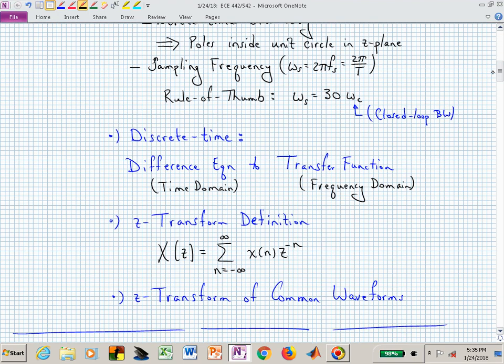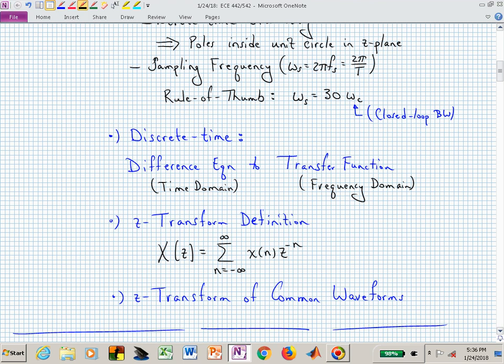It may seem like we're going a little bit backwards, but now that we've started playing with z, we'll define the z transform. And that's really just this summation, this weighted sum of time domain numbers, or this sequence of numbers given by x of n. And x of n could correspond to a signal.